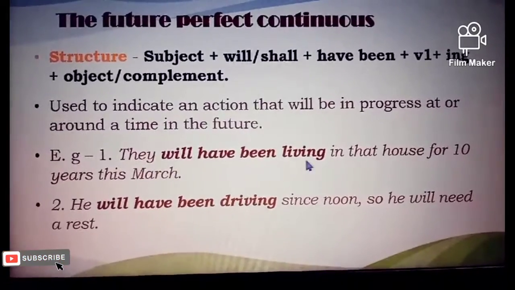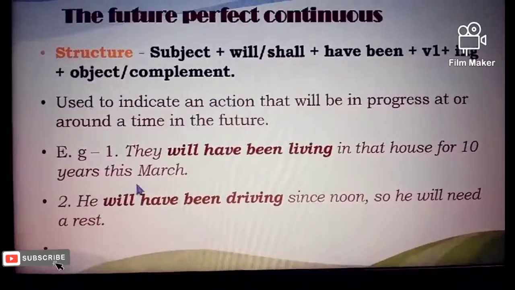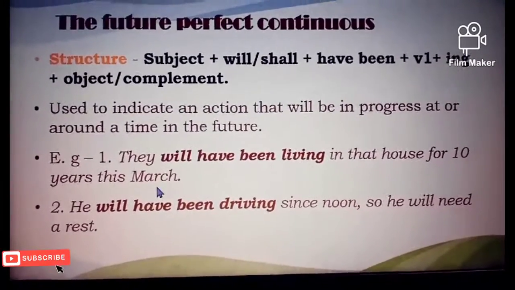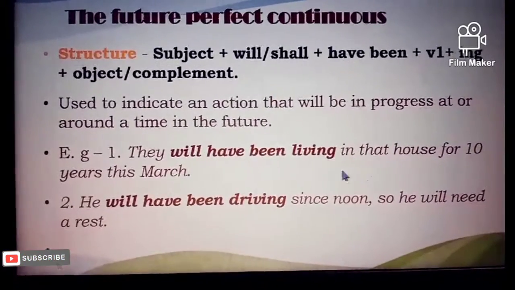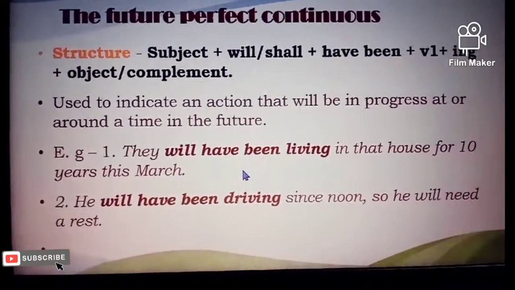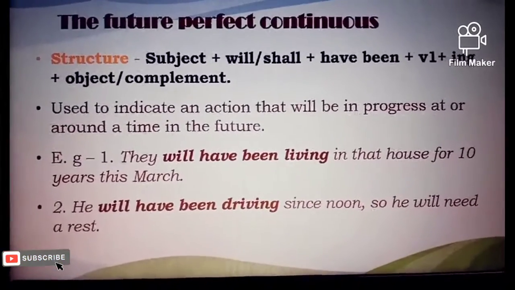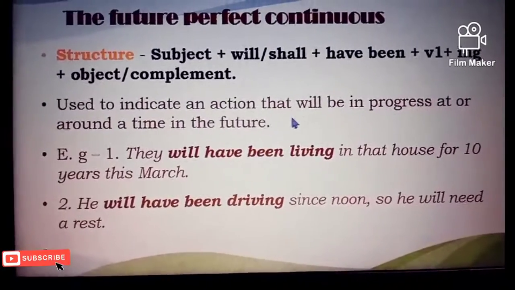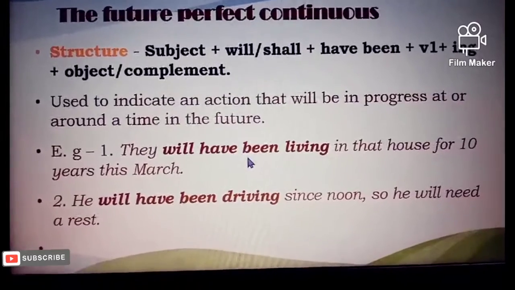They will have been living in that house for 10 years this March. This means March is about to come. So by March, they will have completed 10 years, but after that also, they will be living in that house. This means the action will be in progress at or around a time in the future.